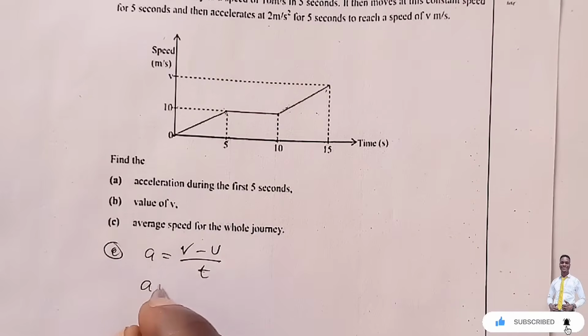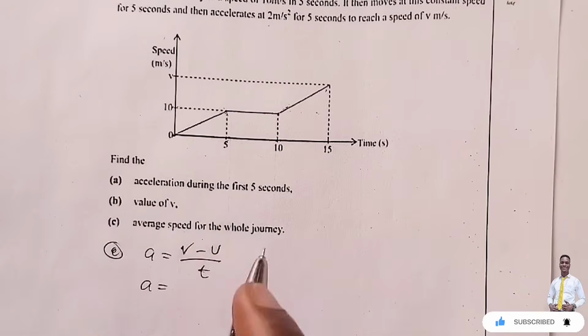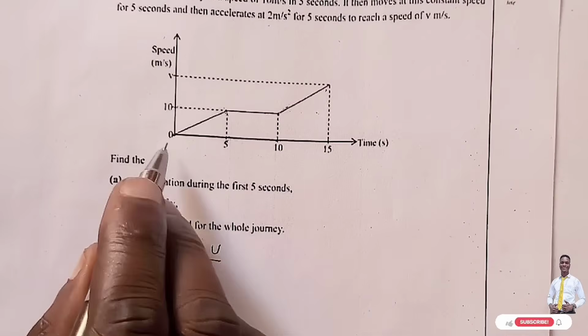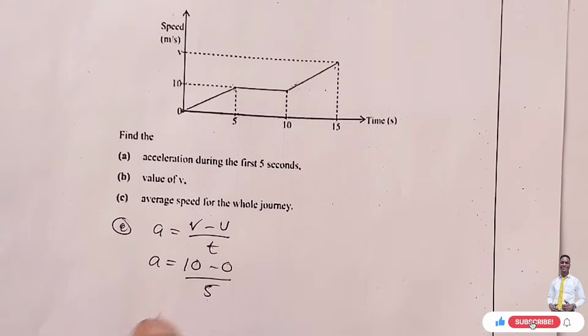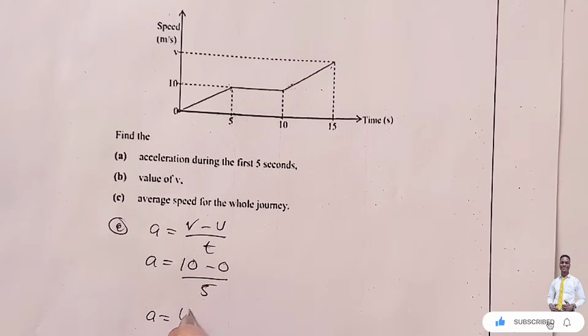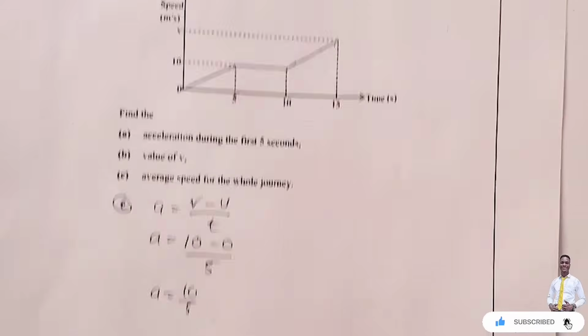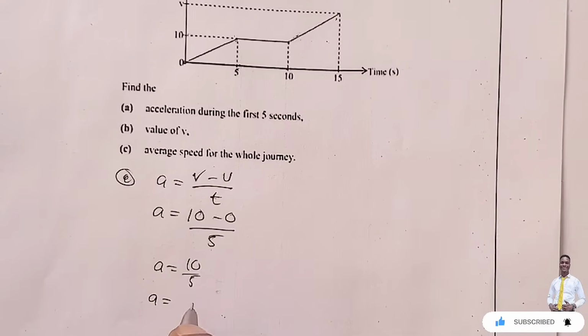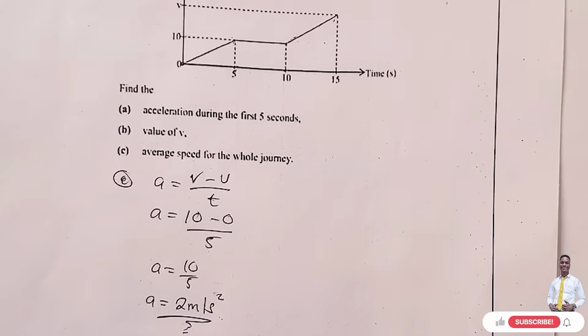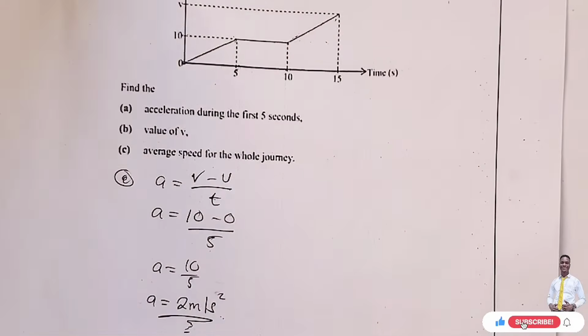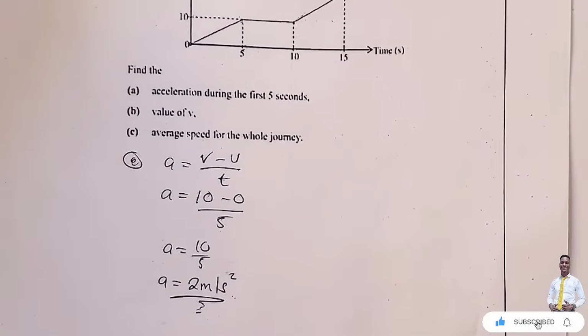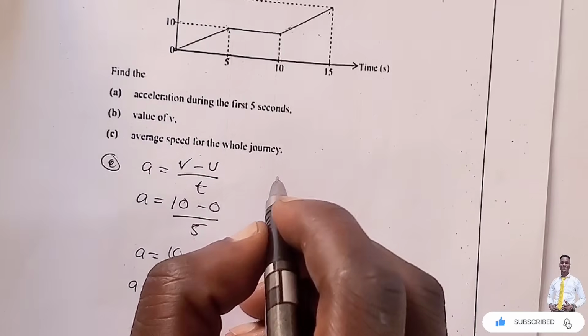Final velocity is 10, initial was 0, time taken is 5. So a is equal to 10 divided by 5. How many times does 5 go into 10? 2 meters per second squared. This is the acceleration. So we're done with a. Then let's go to b.